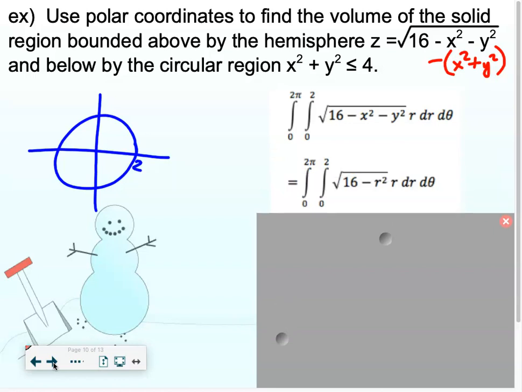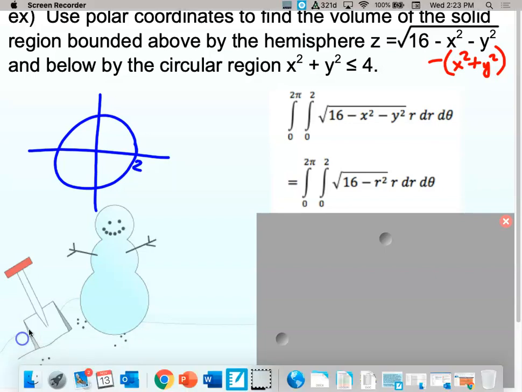This is actually a very easy, regular, old U substitution. Oh, yeah, it is.